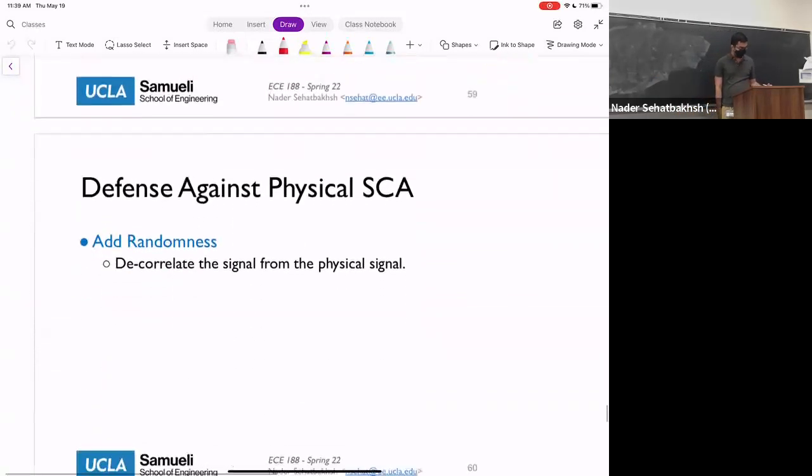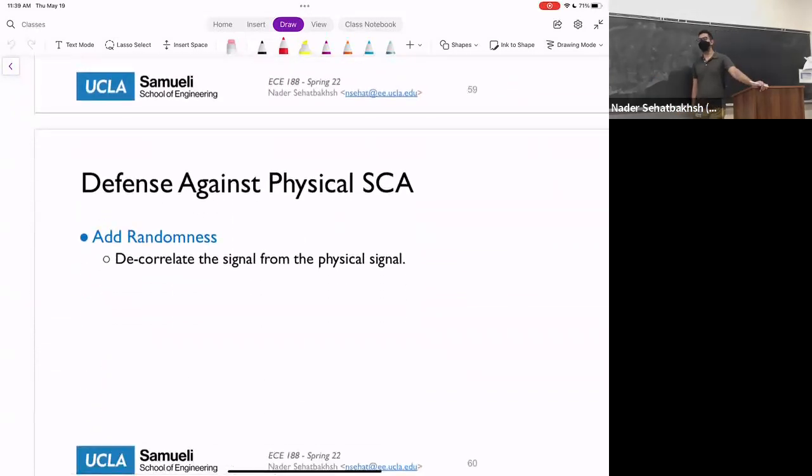Okay. The second category of defenses is just adding randomness. Again, the reason that we had X1 and X2 and then these different signals was that there was some correlation between the signal and this value, right?